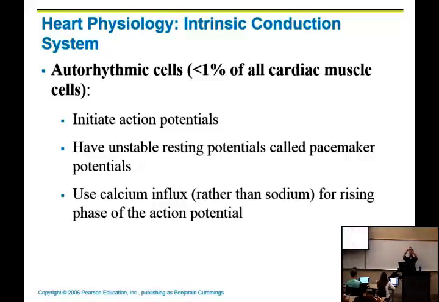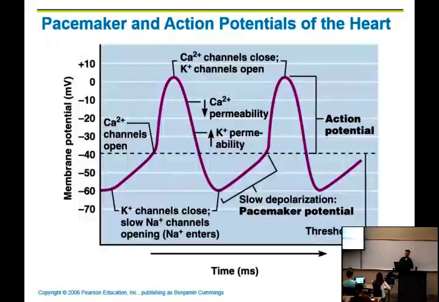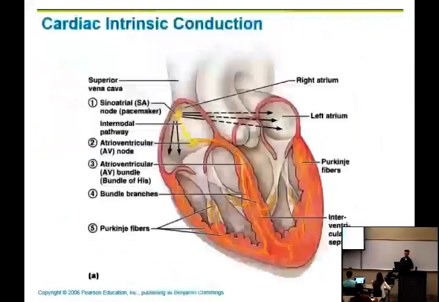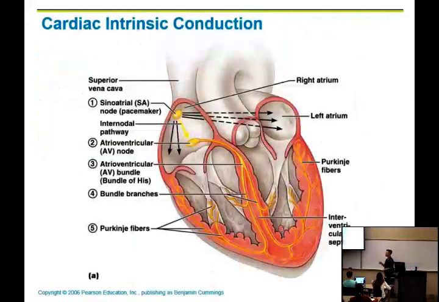And then there are radiating patterns of these autorhythmic cells which take that signal from, for instance, the right atrium to the left atrium, and then from the atria down to the ventricles so that they get the message that it's their turn to contract. We'll come back to those other ones, don't worry.